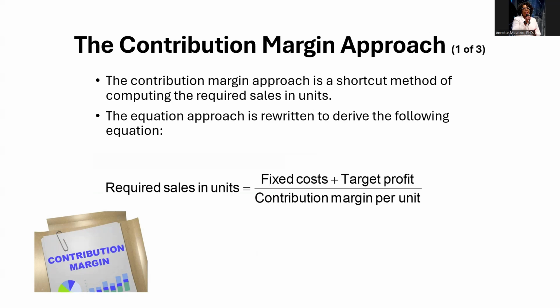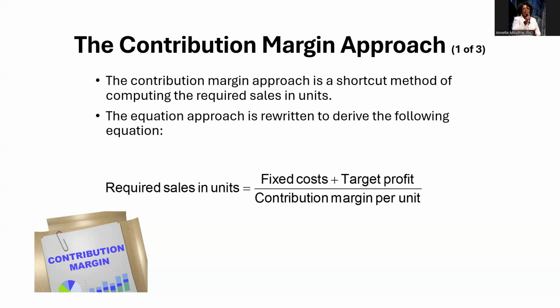The next approach is the contribution margin approach. The contribution margin approach is considered a shortcut method of computing the required sales in units. Previously, we proved our answer using the equation approach.